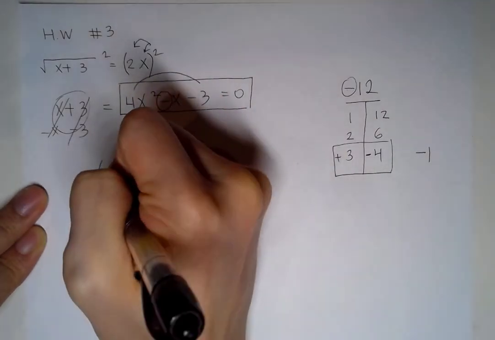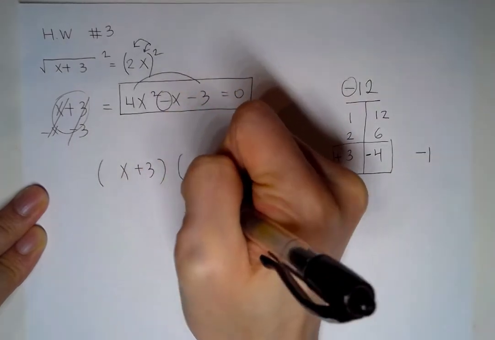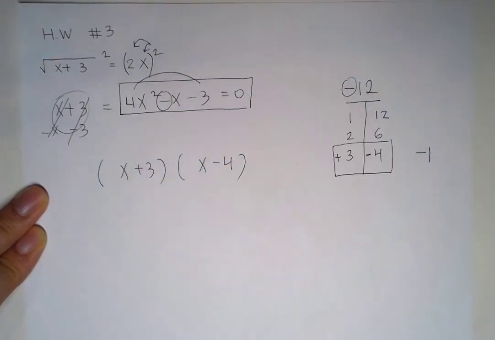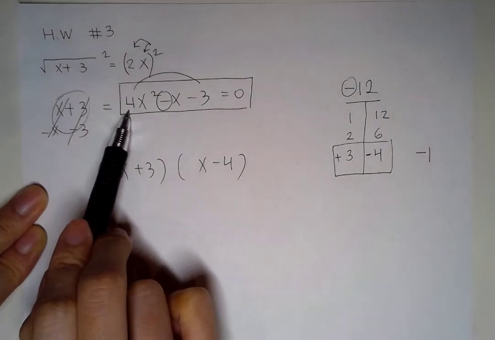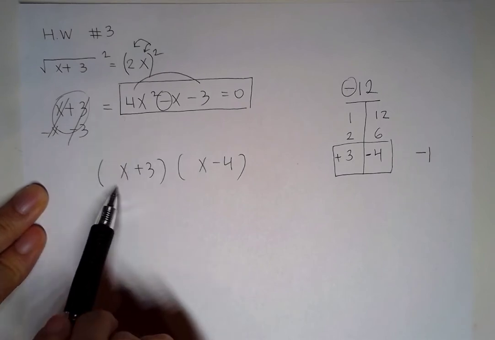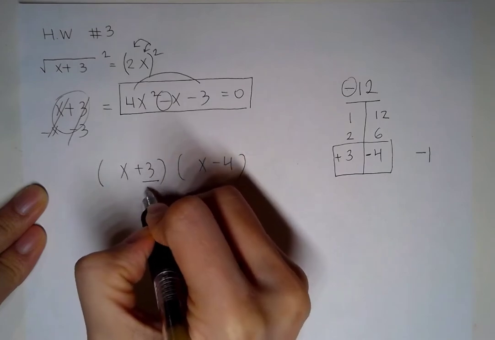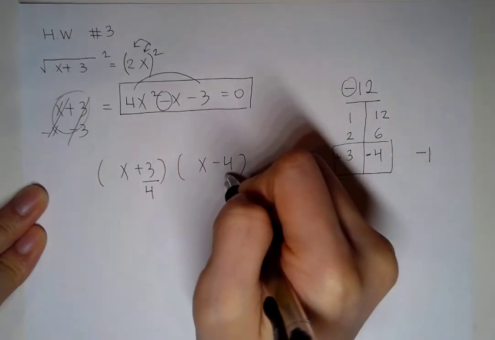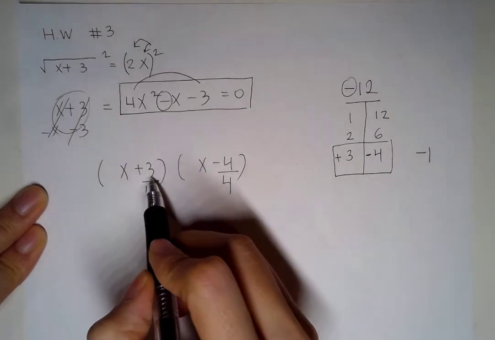So you can do x plus 3, x minus 4, right? But you can't forget this a, because a is not 1. So what? We need to do bottoms up. After you set it up like this, we need to divide it by a, which is 4. So look at this.